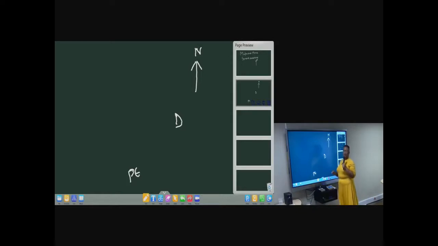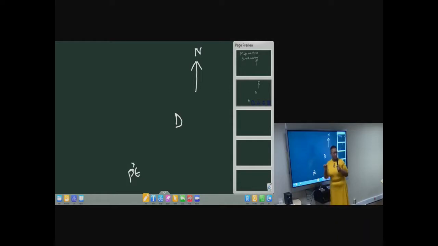Then you will be given the general direction of Durban from PE. Always look for the reference town. If they are saying Durban from PE, it means PE is your reference town.